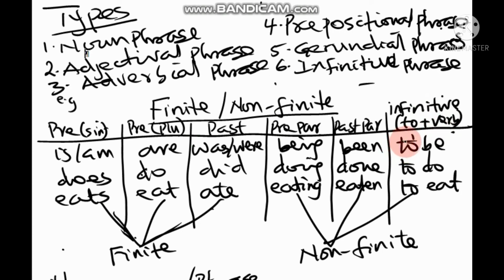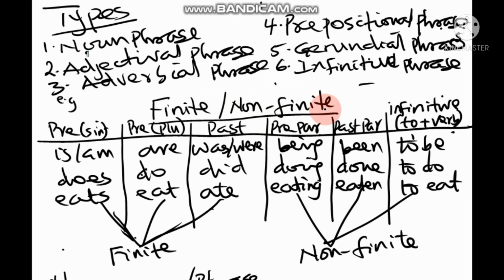Infinitives are formed by to plus verb. So that will give you non-finite verb. So even if a phrase contains a verb, ask yourself, is the verb it contains a finite verb? If it is not a finite verb, then it is a phrase. But if it is finite, then it is a clause.